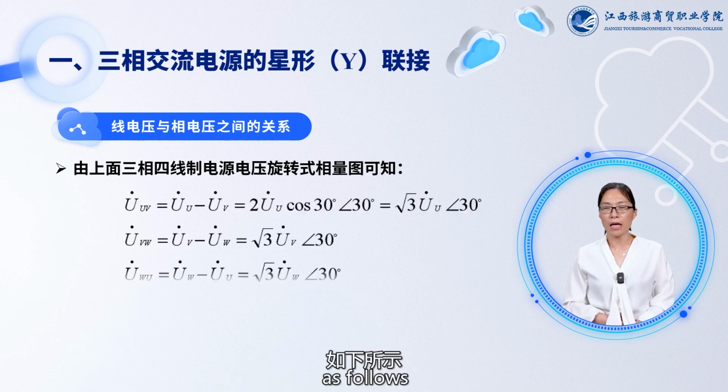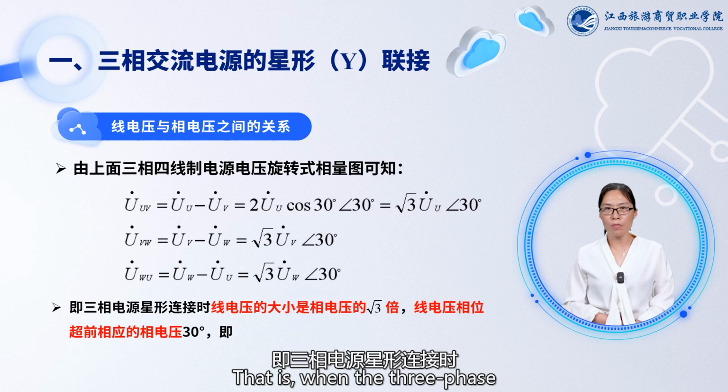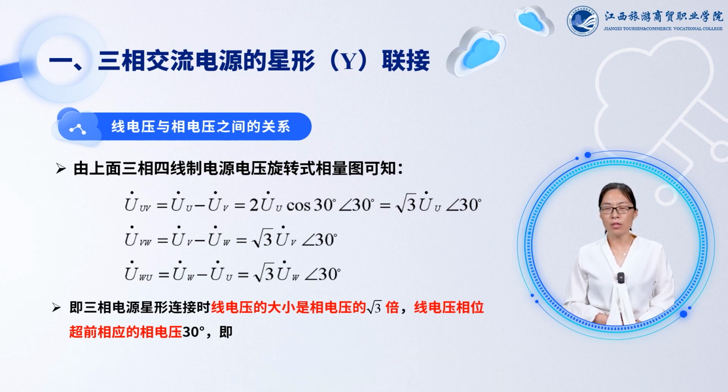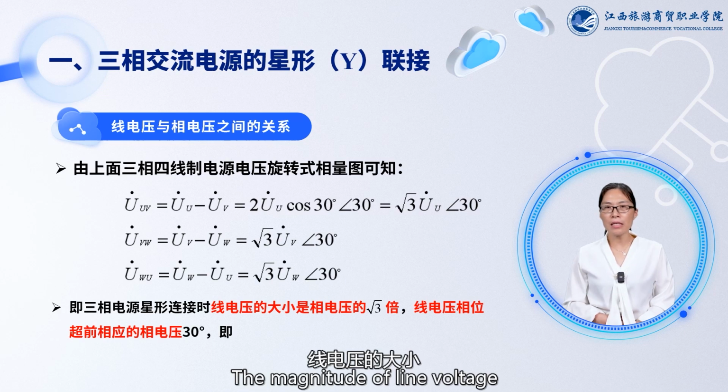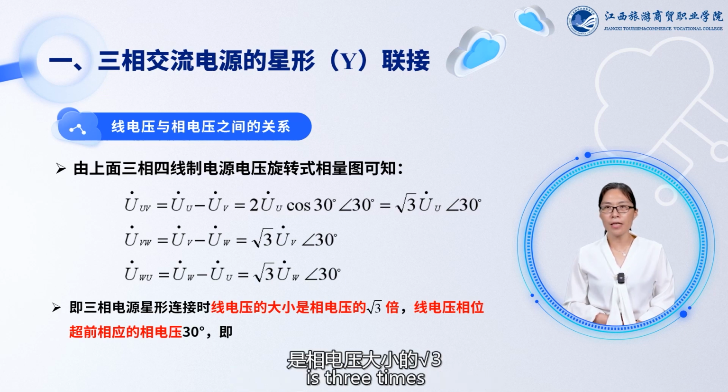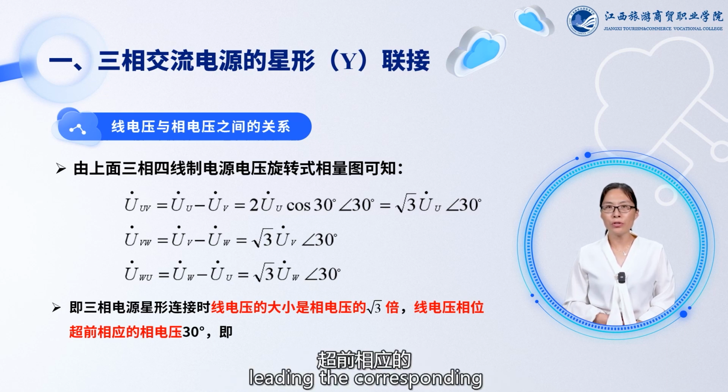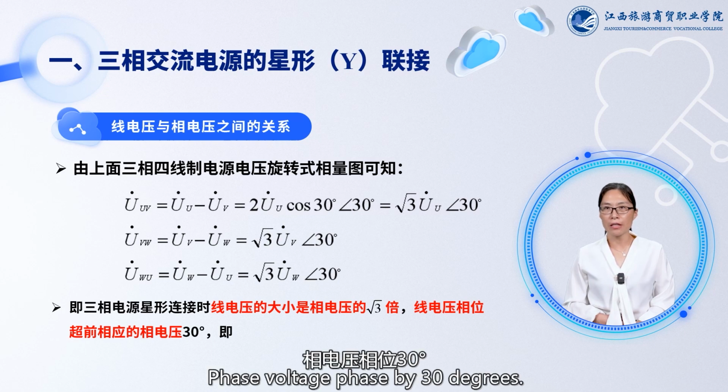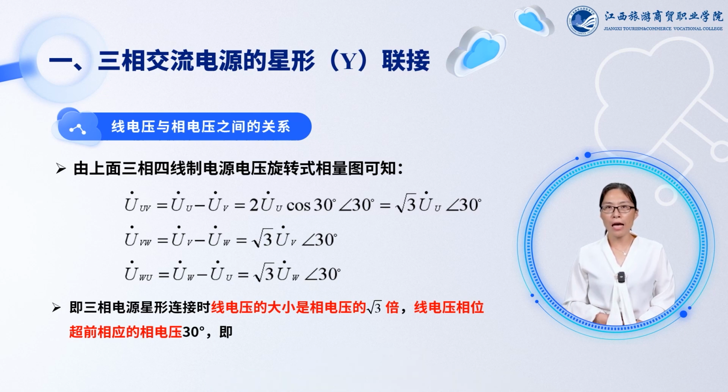That is, when the three-phase power supply is star connected, the magnitude of line voltage is the square root of 3 times the phase voltage. The line voltage leads the corresponding phase voltage by 30 degrees.